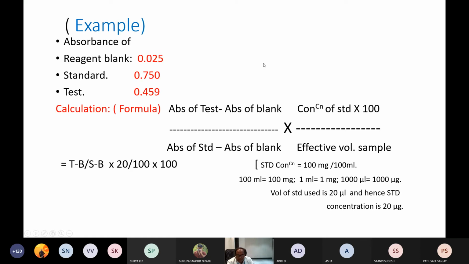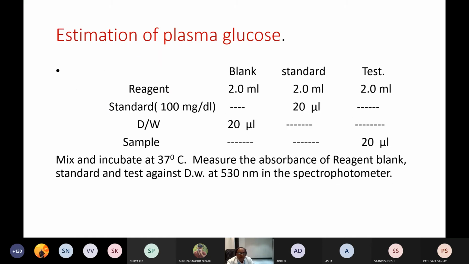You have seen in the last slide that we added 20 microliter. The concentration of this standard is 100 milligram per deciliter, but we have used only 20 microliter.